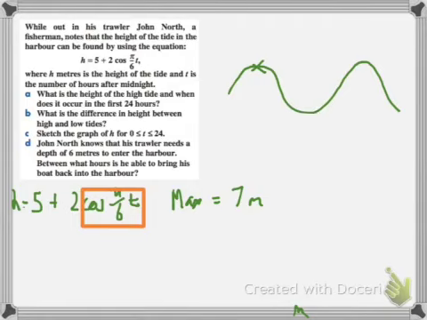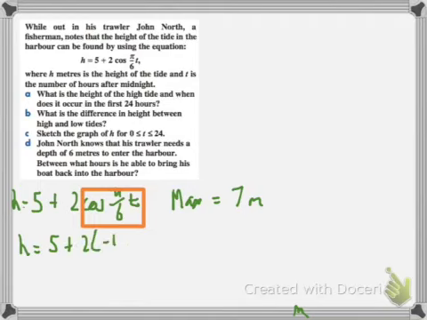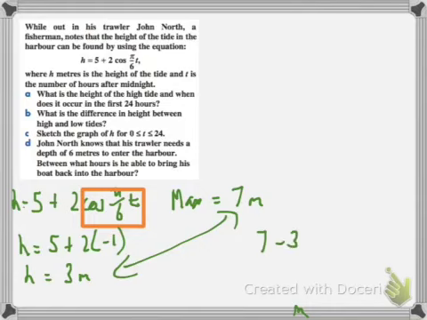So height will be 5 plus 2 times negative 1. Height equals 3 metres will be the lowest. So the difference between high and low tide will be 7 minus 3 equals 4 metres.